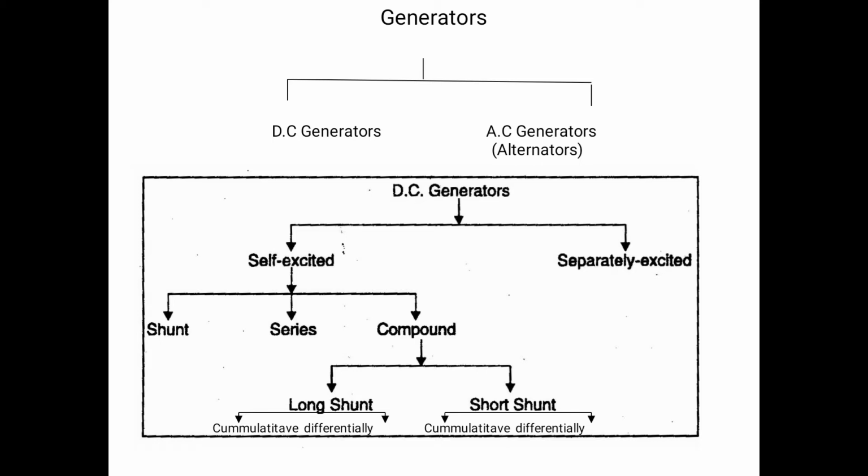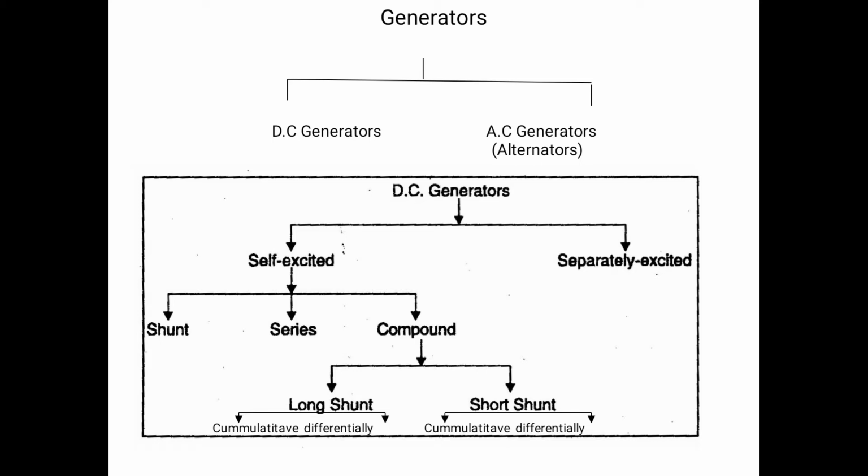Okay, the types of DC generators. First, based on the excitation, divided into two types: self-excited and separately excited. Next, in self-excited DC generators, based on the armature winding and field winding connections, they are divided into three types: shunt generator, series generator, compound generator.